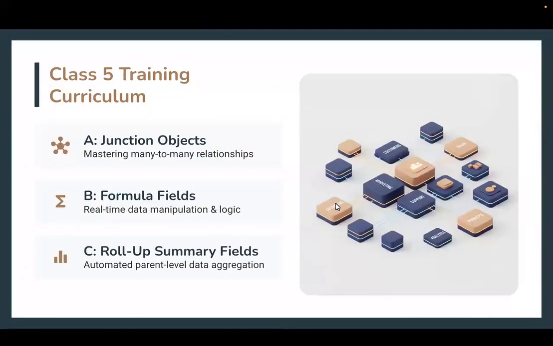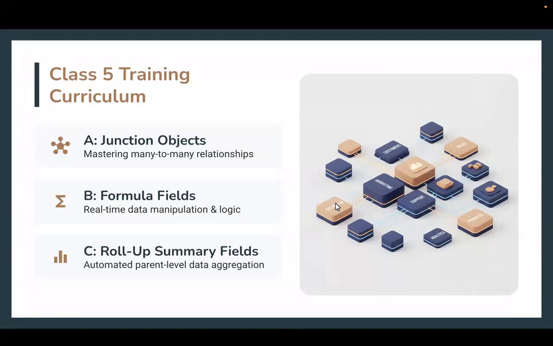So in this class, we will cover junction objects and formula fields. Then we will cover roll up summary fields. A junction object is a special kind of relationship object we create to have many to many relationships. We will understand what many to many relationships are and why we create junction objects in Salesforce. Then we will see formula fields.